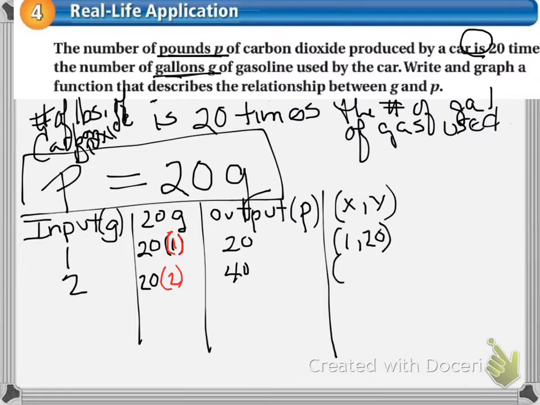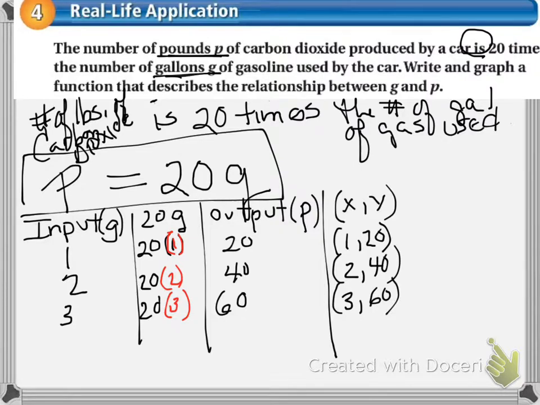So the next one would be 2 comma 40. Let's do one more, 20 times 3, because that's our G, our input value, and when we get out, we get a 60. So 3 comma 60.